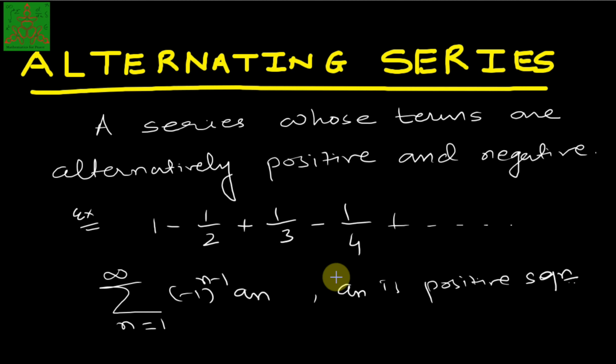Now, it is interesting to know under which situation these alternating series are convergent and under which situation they are divergent. For that we have one test for alternating series called the Leibniz test.